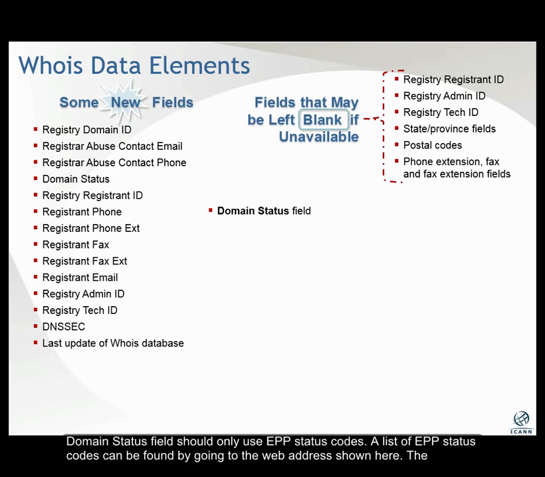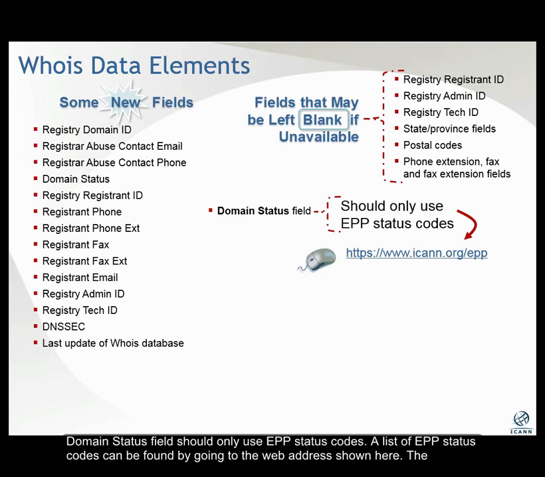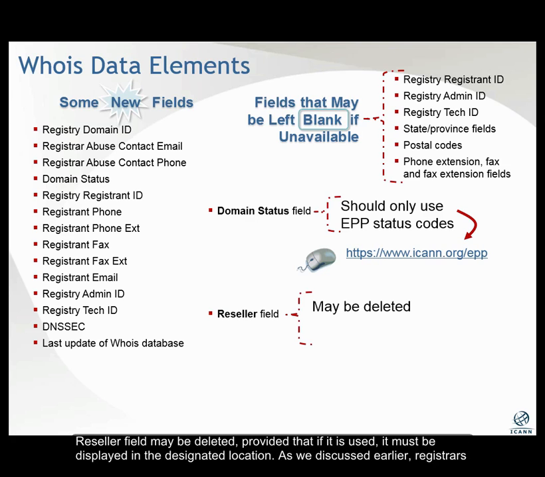The domain status field should only use EPP status codes. A list of EPP status codes can be found by going to the web address shown here. The reseller field may be deleted, provided that if it is used, it must be displayed in the designated location.